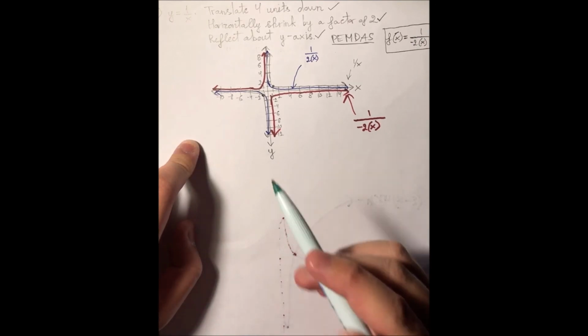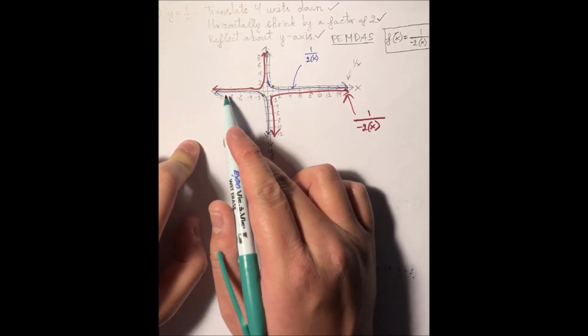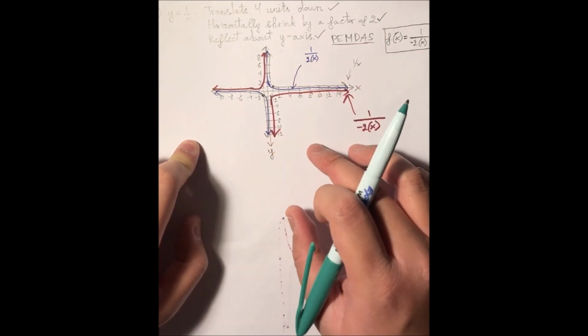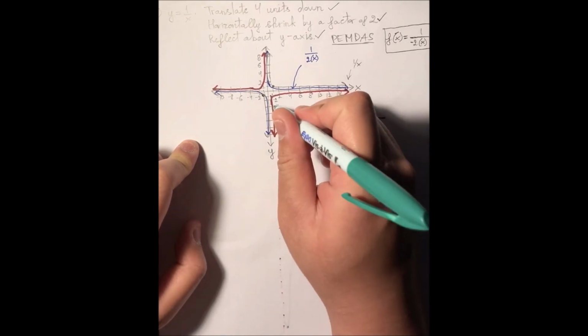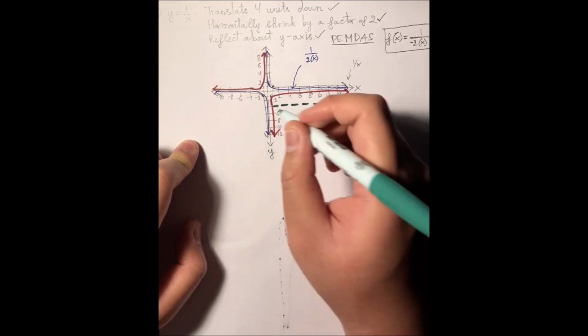Lastly, we're supposed to take the most recent graph and just move that whole thing down by 4. Now notice that the one in the red has the horizontal asymptote at the x-axis. So if we move it down by 4 units, that means the horizontal asymptote is going to be at y equals negative 4.